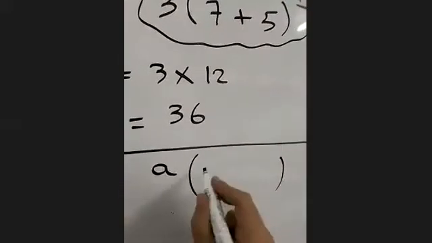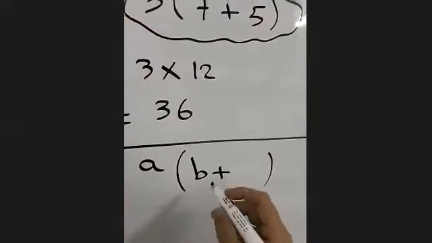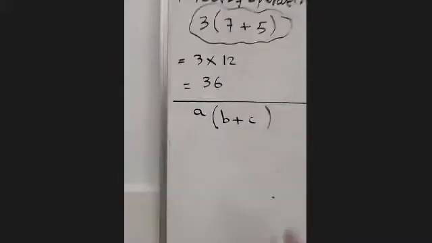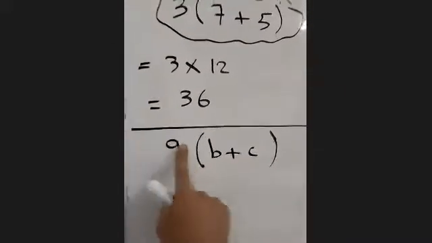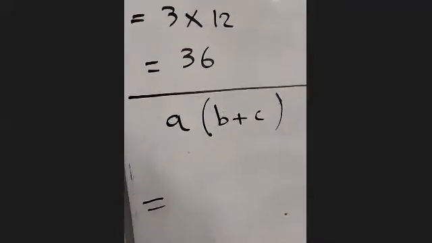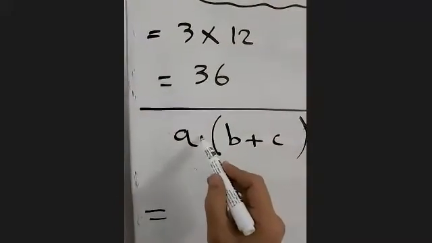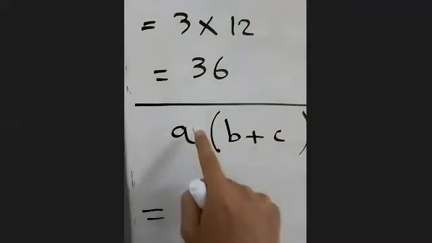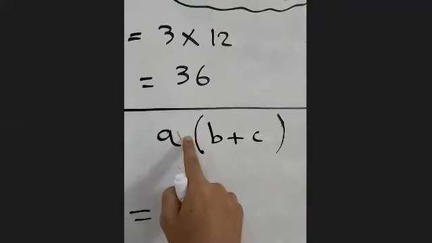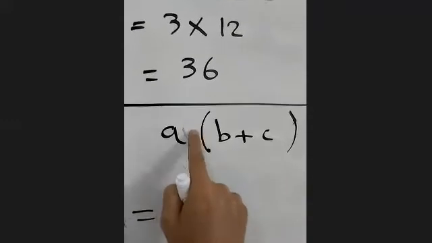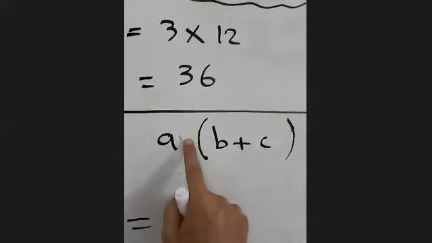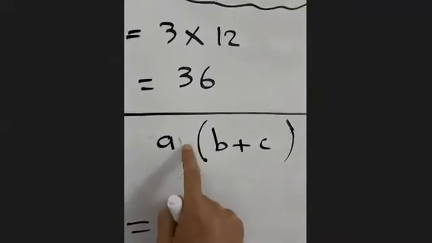And inside the parentheses, we have another 2 terms like B plus C. This is the formula. How do we deal with this, guys? The distributive property says here we always multiply, not add, not subtract, not divide, only multiply. But we don't write the multiplication sign here. We said that many times, don't forget it.